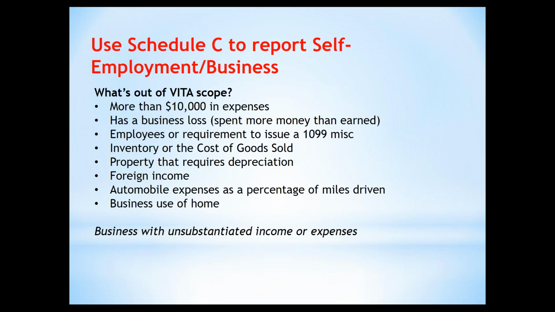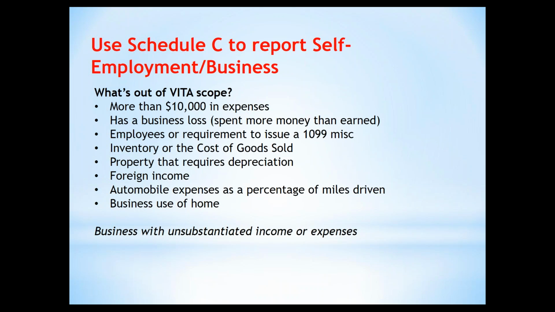When somebody owns their own business, it can get very complicated, but what we do at the tax sites is usually pretty simple. So I like to outline what we are actually trained to do and what we know how to do. Anything that's beyond this, we refer people to go to a paid preparer to go through. And that's just so that you don't miss anything on their tax return and so that they can benefit from all the possible deductions that are possible.